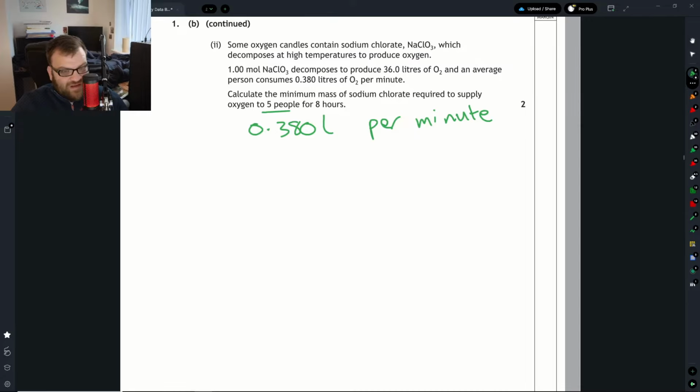So if we've got 5 people, that then needs to be times by 5. Let's do that first. That'll give me 1.9 litres per minute. And then 1 hour is 60 minutes. So we've got 8 hours.